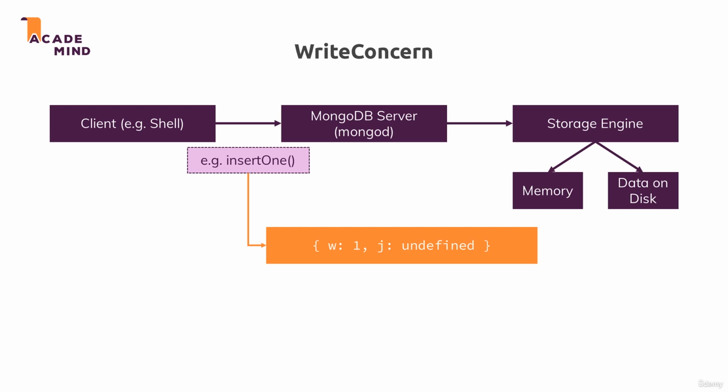That is also something we'll cover towards the end of the course, so let's ignore it for now. So on how many instances you want this write to be acknowledged. With w: 1, which is the default, you're basically saying, hey, my MongoDB server should have accepted that write. So the storage engine is aware of it and will eventually write it to the disk.